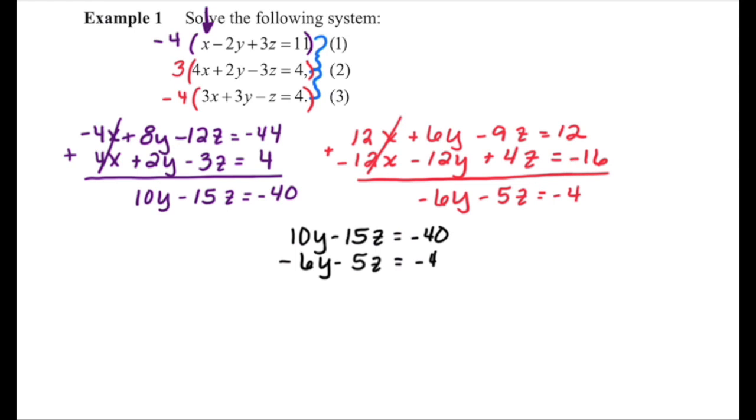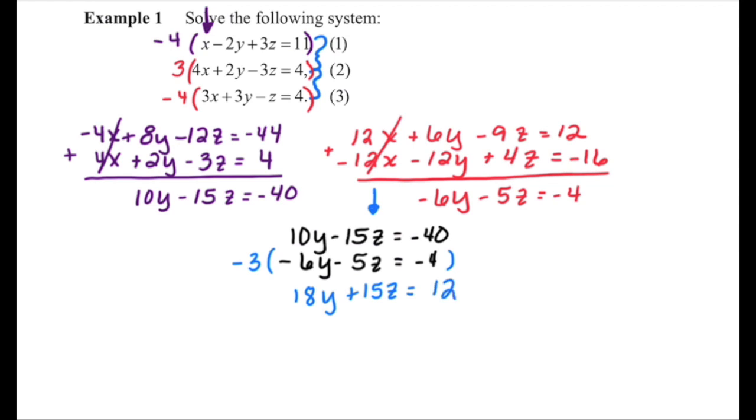Looking at these two values, perhaps what might be easiest would be for me to multiply the second equation by -3. So it looks like I'm going to eliminate my z value. When I multiply by -3, I'll have 18y plus 15z equals 12.